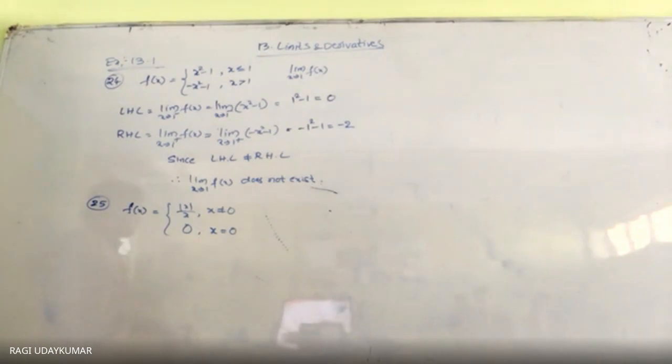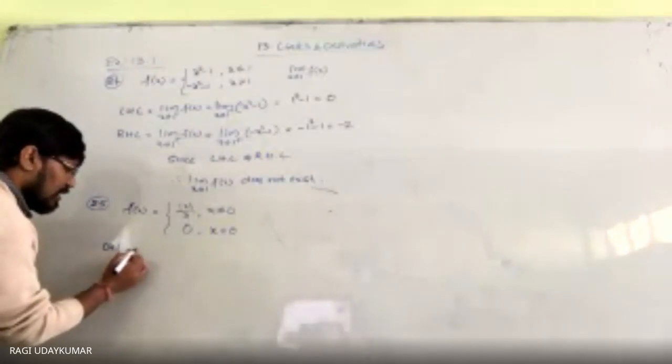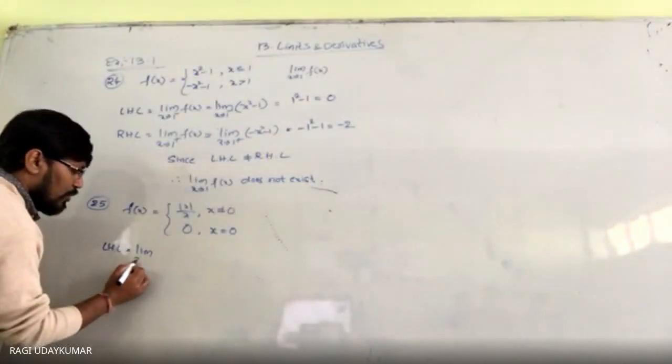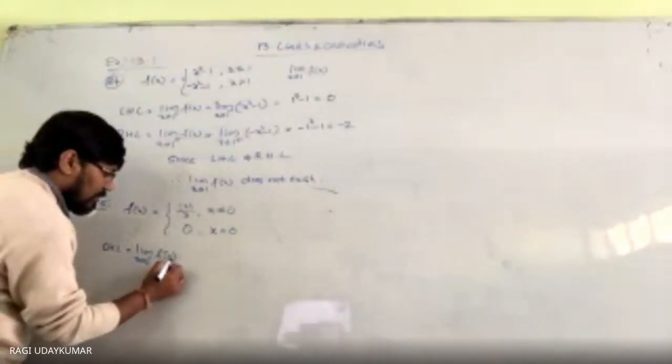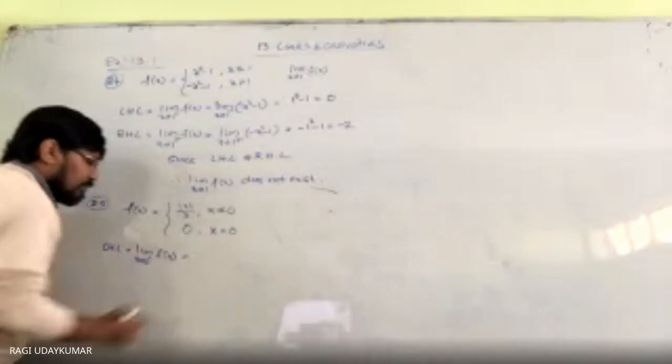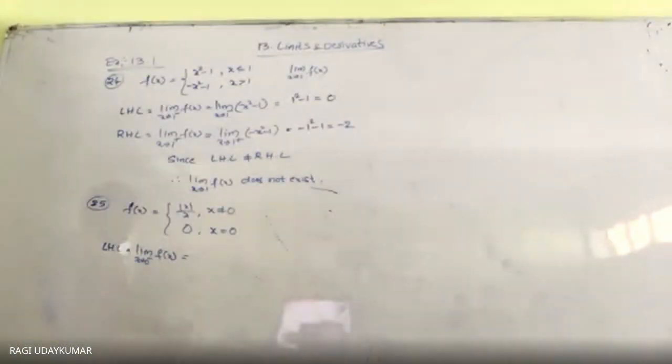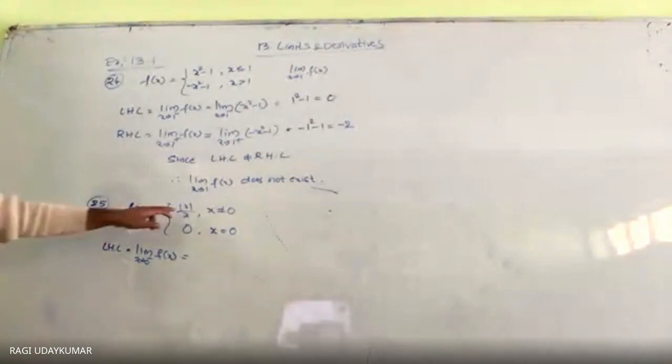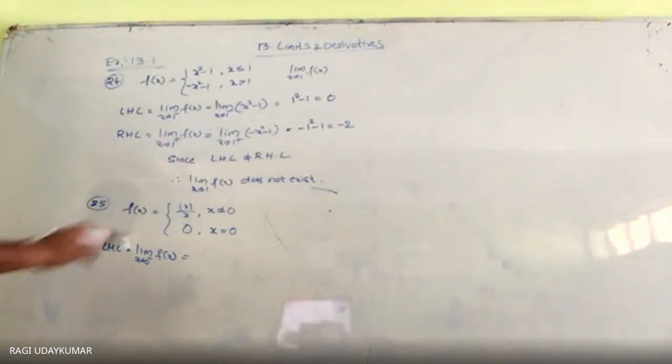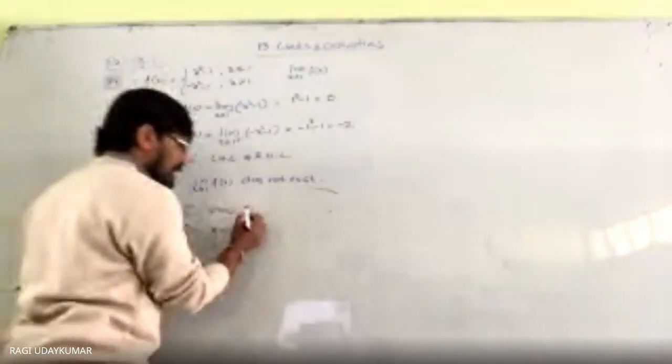So left hand limit, what will you get? Left hand limit is nothing but limit x tends to 0 minus f of x. When it is not a 0, the function is mod x by x. And this function can be rewritten in another way also.